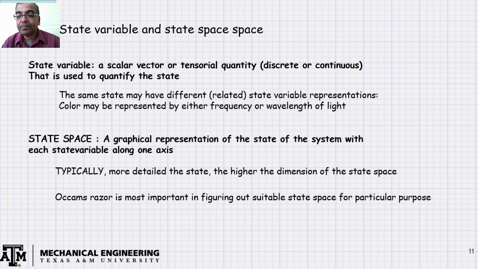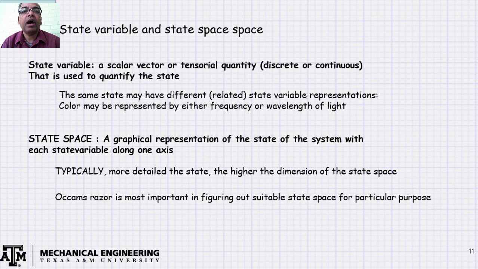Right? And typically, the more detailed the state space, the higher its dimension. So, for example, if you think of a gas as being made up of particles, the position and momentum of each particle is one element of a state space.